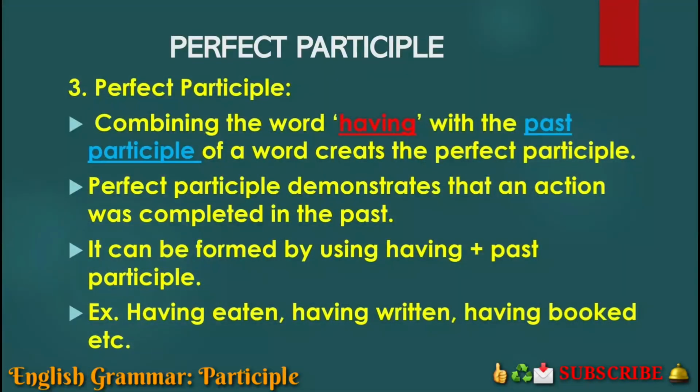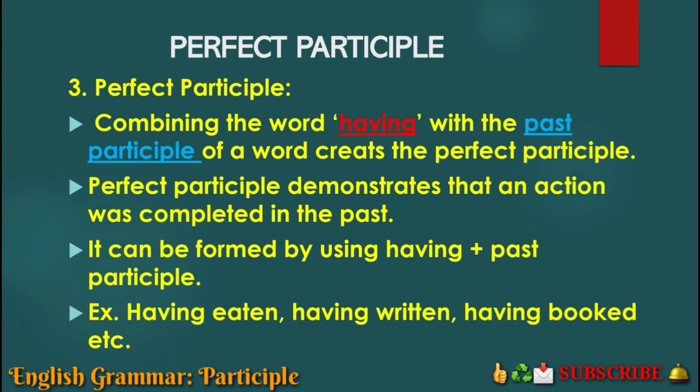Dear students, now we shall study the third type of participle, that is the perfect participle. Students, combining the word having with the past participle of a word creates the perfect participle. The perfect participle demonstrates that an action was completed in the past, and it can be formed by using having plus past participle.